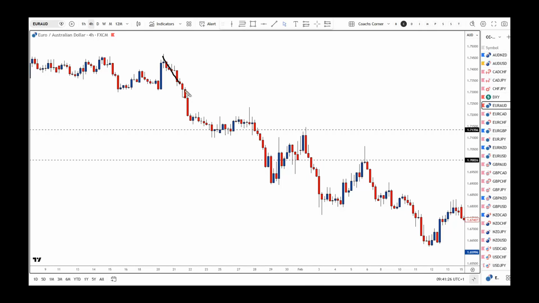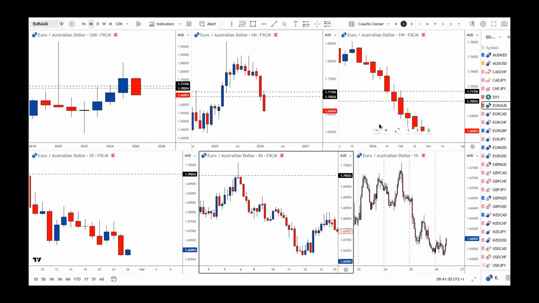This is one swing here, here, here, and now we did a swing break. And when that happens, we just mark the closing price.